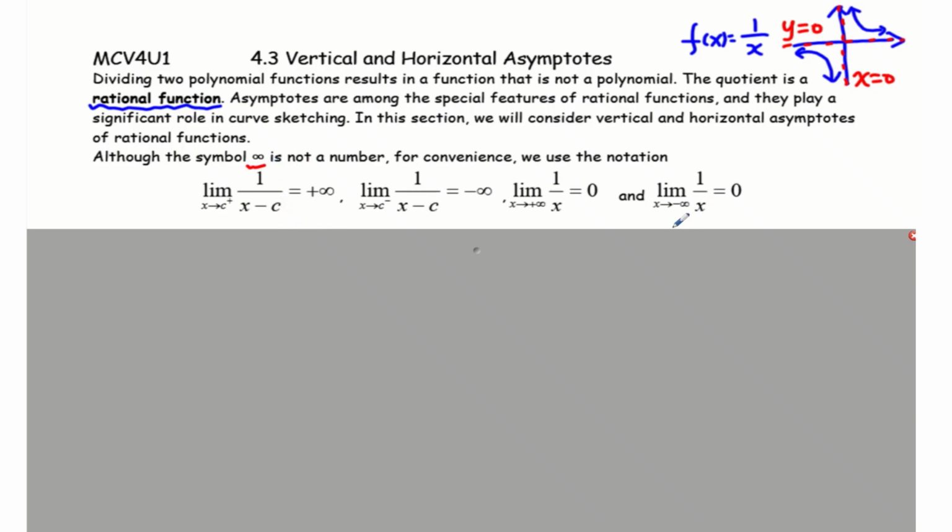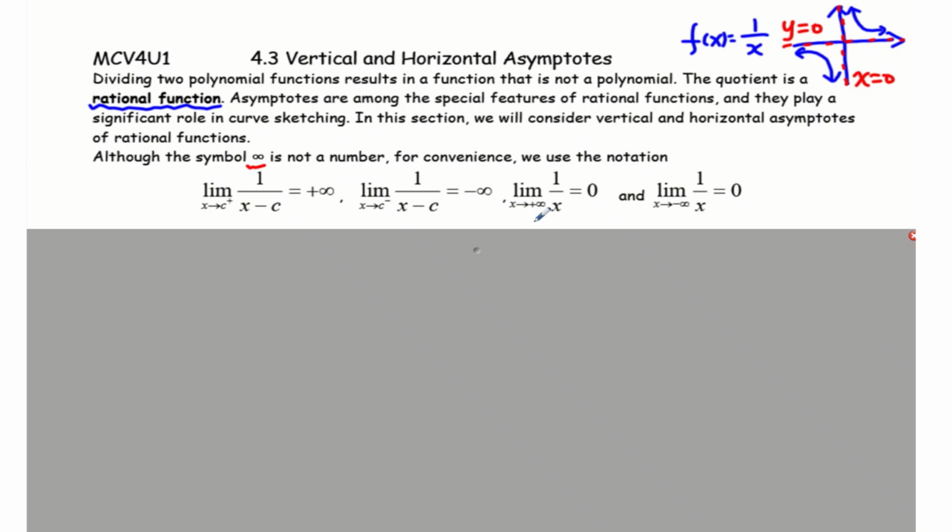When x approaches c, then x minus c approaches 0. 1 divided by 0 is around infinity. If it approaches from the right side, then it will be positive, so we say it is positive infinity. If from the left side to approach the c value, x minus c gives you a negative number approaching 0, so 1 divided by negative 0 gives you negative infinity.